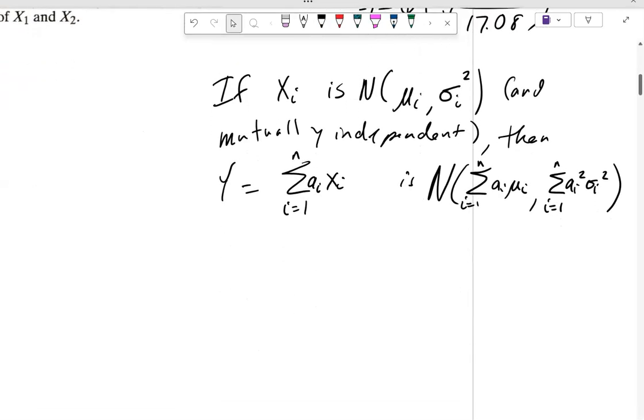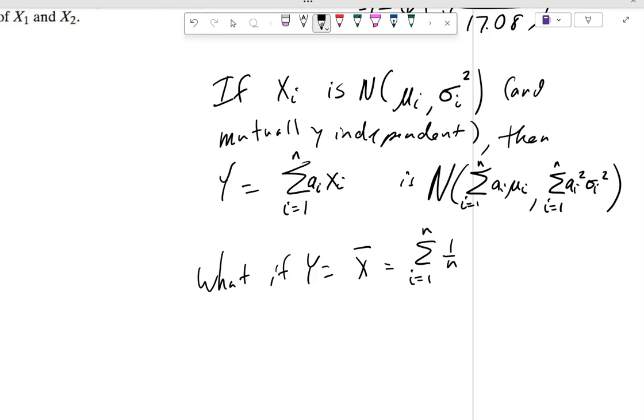What if I do it this way? What if I do the mean of the observations? And let's assume that each x sub i has the same distribution, just to make our lives easier.